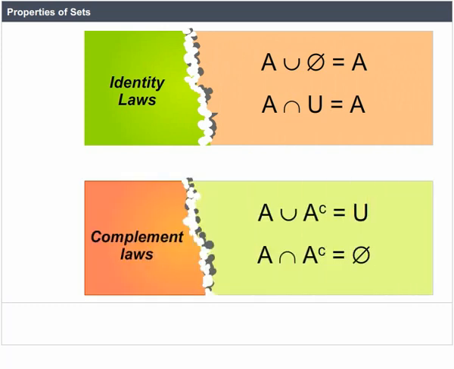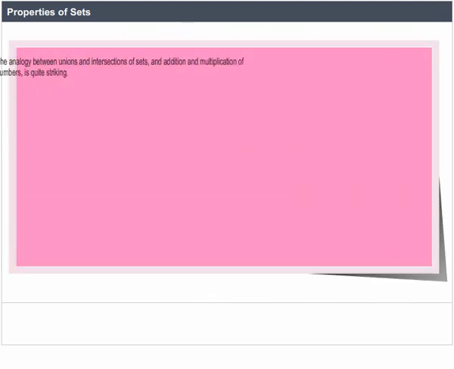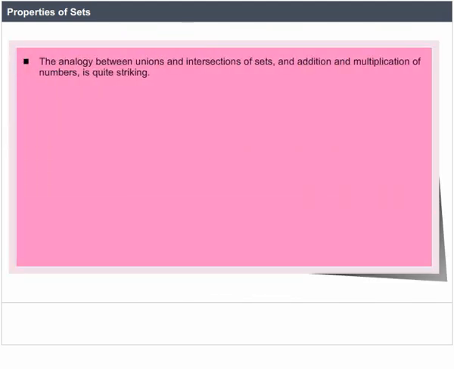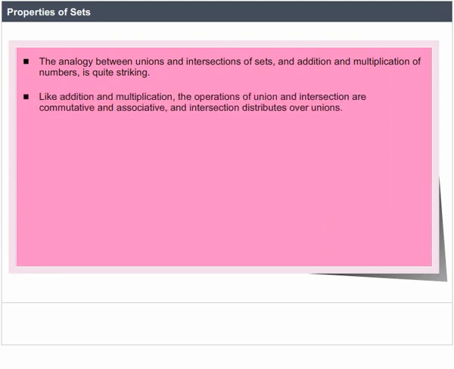Complement laws. A union A complement equals the universal set. A intersection A complement equals the empty set. That is called the null set. The analogy between unions and intersections of sets and addition and multiplication of numbers is quite striking. Like addition and multiplication, the operations of union and intersection are commutative and associative, and intersection distributes over union.